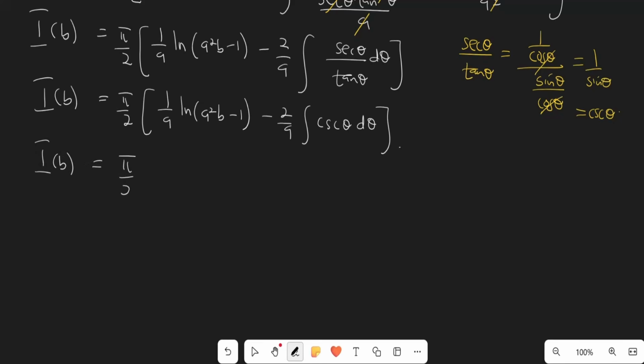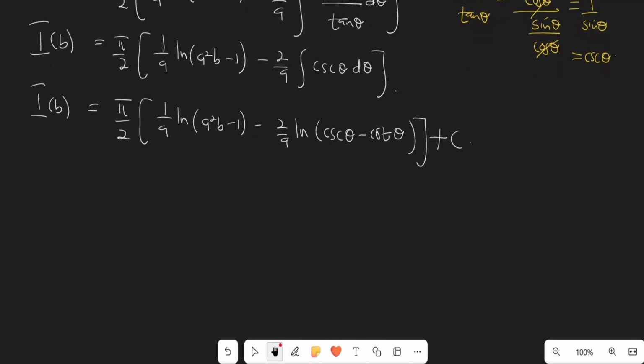I'm just going to write the resulting value. This is the ln of a squared b minus 1 minus 2 over a. Then the integral of the cosecant of theta is the ln of the cosecant of theta minus the cotangent of theta, like this. So we are done with the integration. You can put the constant of integration.